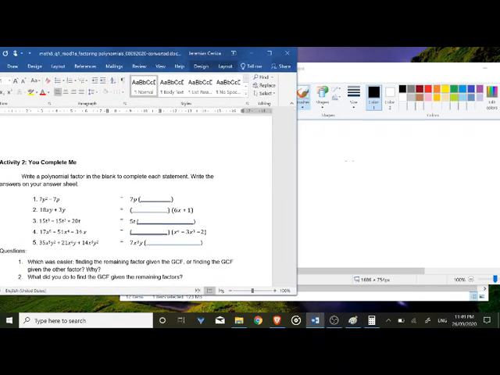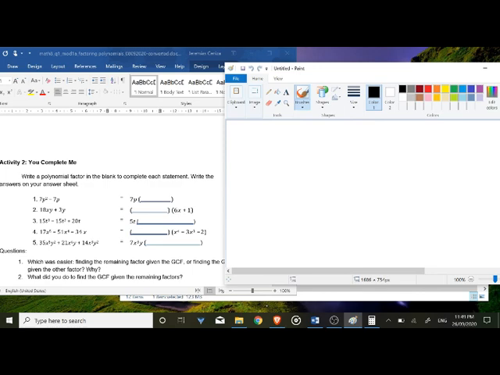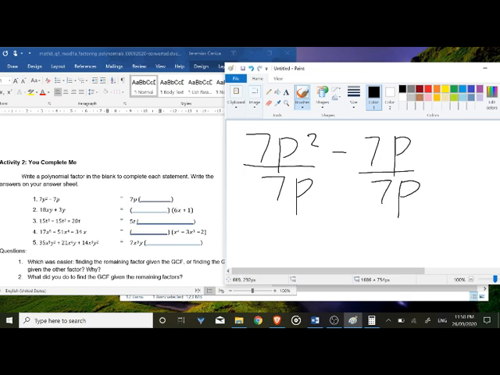So, for example, we have 7p squared minus 7p for our number 1. So, yung isang factor natin ay given as 7p. So, anong gagawin kay 7p? I-divide in each term over 7p in each term.